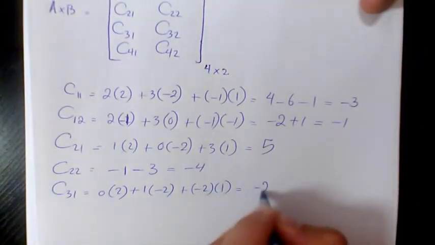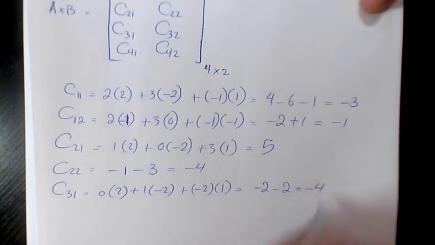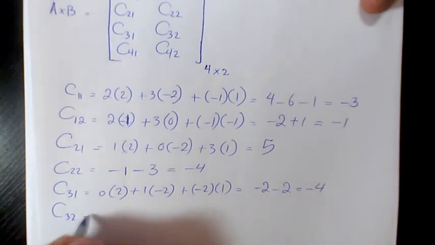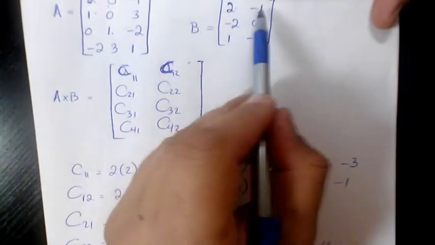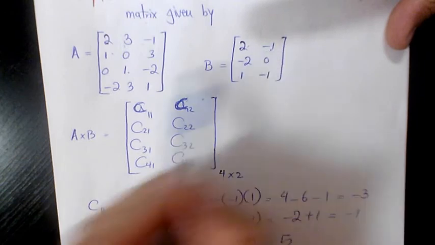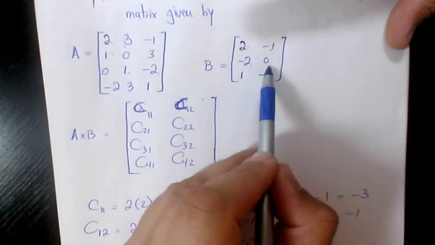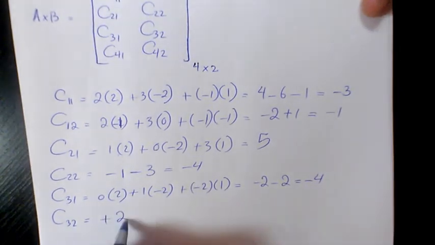That's going to be negative 2, negative 2, negative 4. C32: 0 times negative 1, 0. 1 times 0, 0. Negative 2 times negative 1 is going to be positive 2.